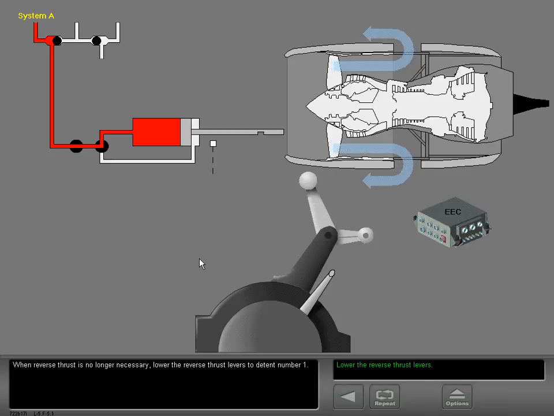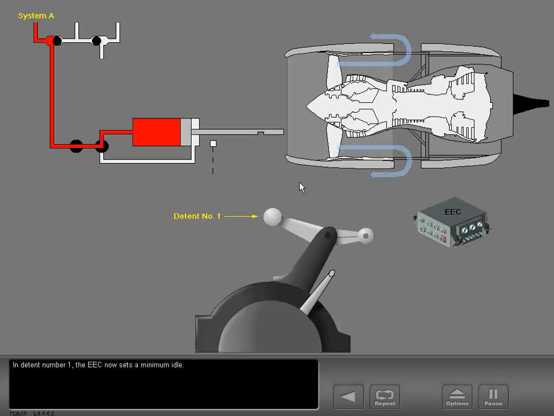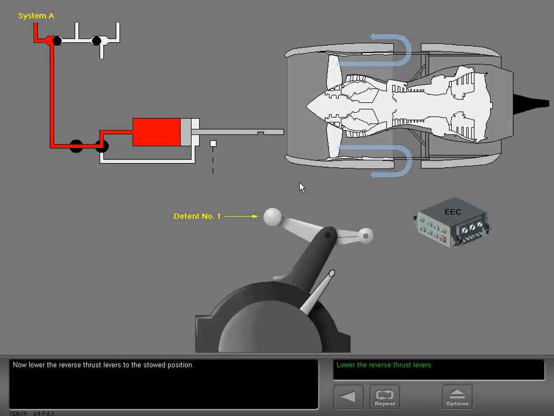When reverse thrust is no longer necessary, lower the reverse thrust levers to detent number 1. In detent number 1, the EEC now sets a minimum idle. Now lower the reverse thrust levers to the stowed position.